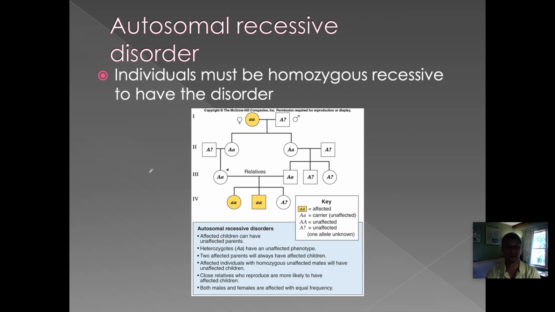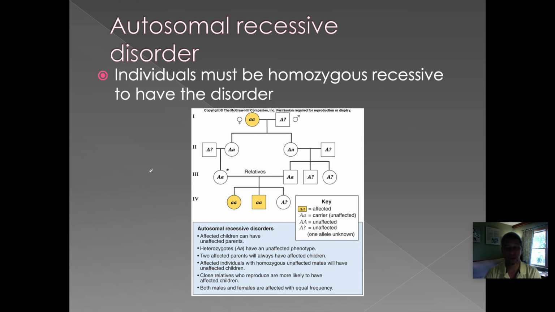Neither one of them is affected. That means that they have at least one copy of the dominant allele. They marry two men, and those two men also are unaffected, and their children are unaffected in generation three.